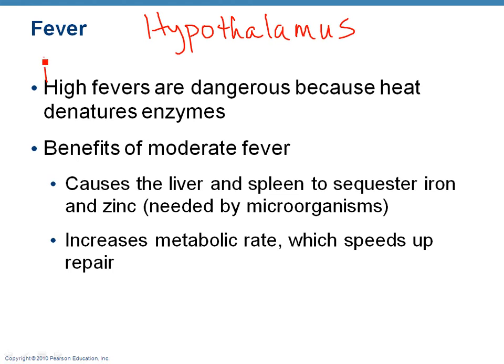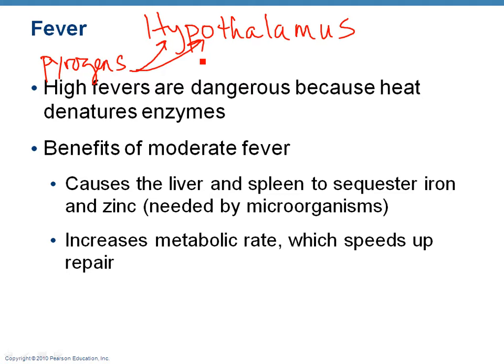So pyrogens travel through the bloodstream to the hypothalamus, and they stimulate your hypothalamus to reset your body temperature set point. So they alter the homeostatic range for our body temperature temporarily. Your hypothalamus turns the thermostat up, causing an increase in your body temperature.